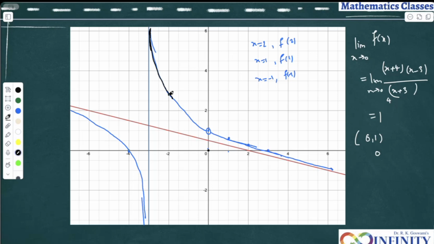I'm expecting that there will be positive values. Try to join this line. You need to escape this point. Go along the same curve, and it will touch this point also, and it will go along the horizontal line. This is the graph I'm expecting should be the answer.